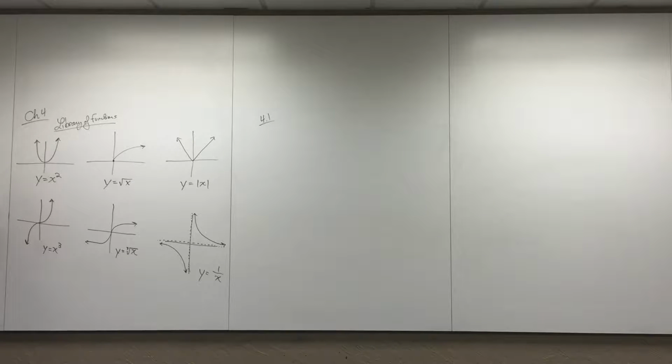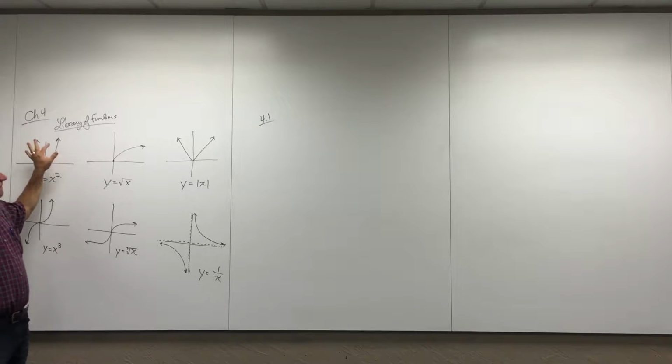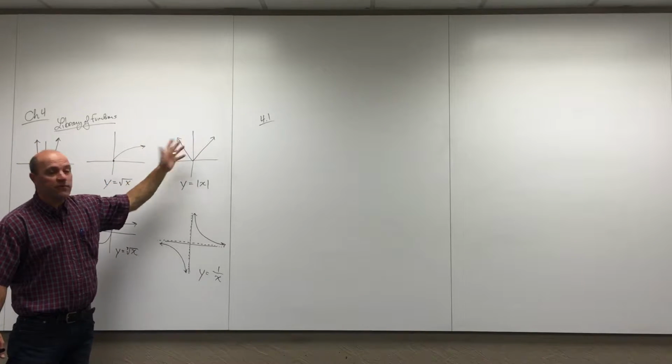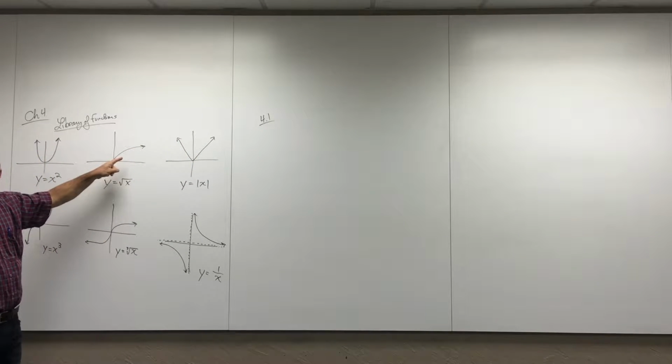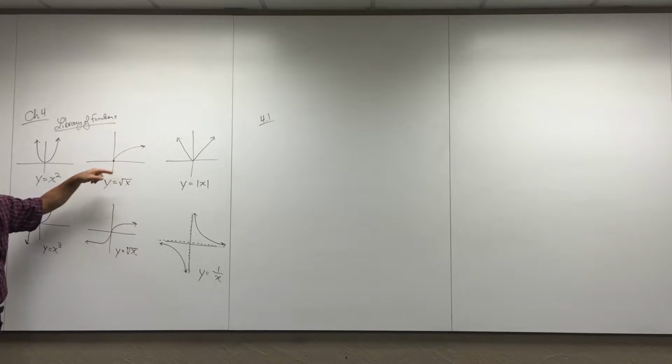This graph is symmetric around the y-axis. Is that what it looks like to you? Do you see anybody else that's symmetric around the y-axis? The absolute value. There you go. He's symmetric around the y-axis. This one's not, and he's not symmetric around the x-axis. He's not really symmetric to anything. Okay, this one's interesting.